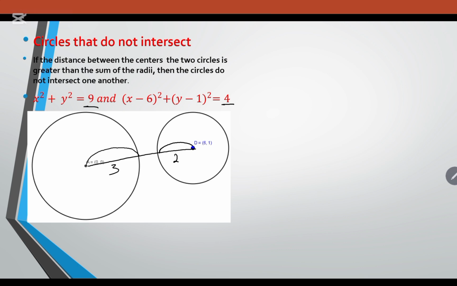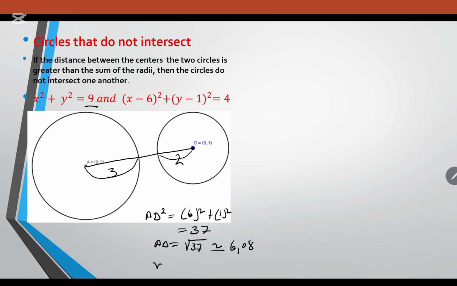Now, what is the distance between the points A and D? The distance AD is the square root of 6² + 1², so that is 36 + 1 = 37. Now, the square root of 37. Then let's look at the sum of the radii.